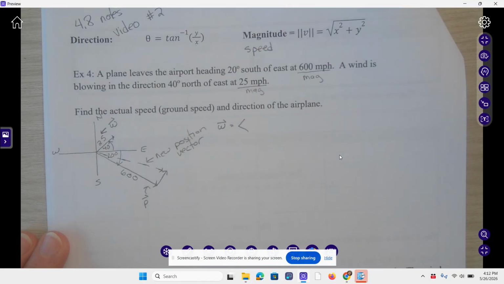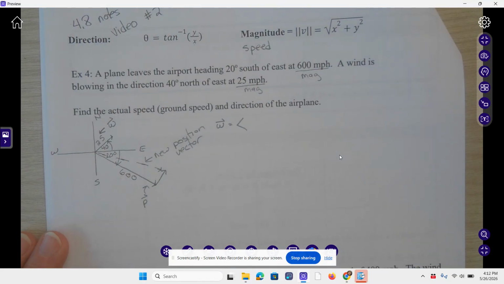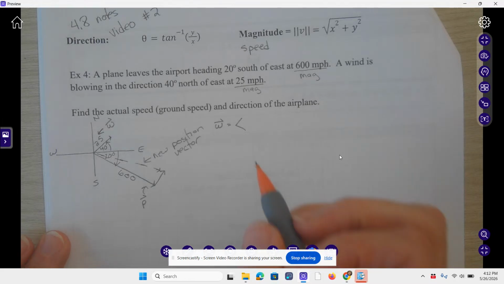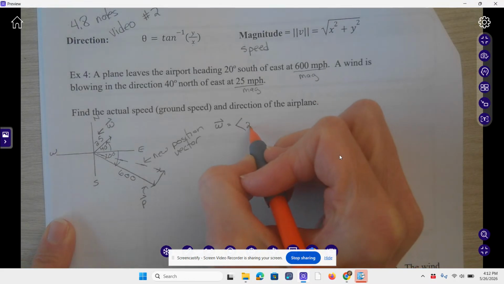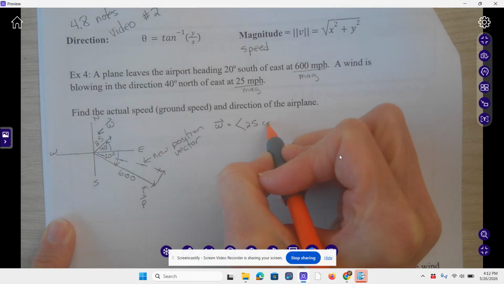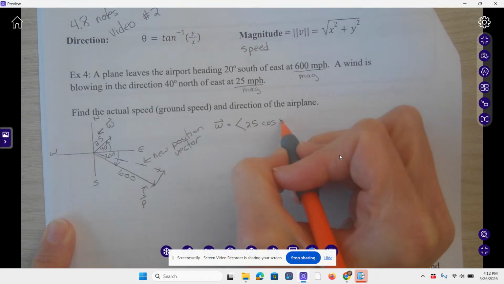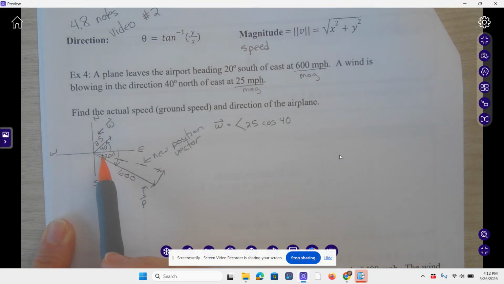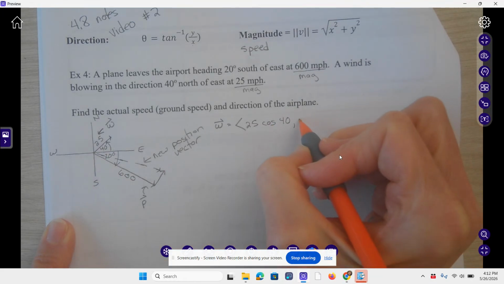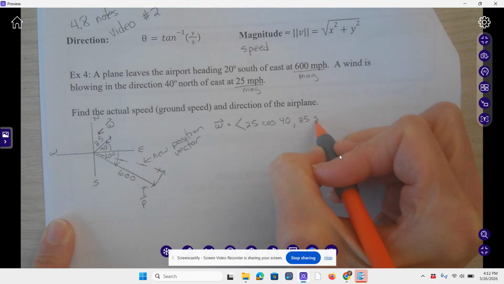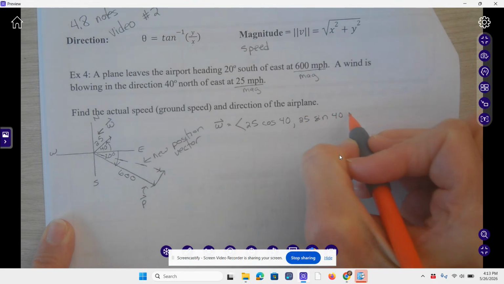So we know the magnitude and we know the angle. So remember, it'll be magnitude, which is 25. So the x component will be 25 times cosine of 40 degrees because that's our angle. And the y component will be magnitude times sine of 40 degrees.